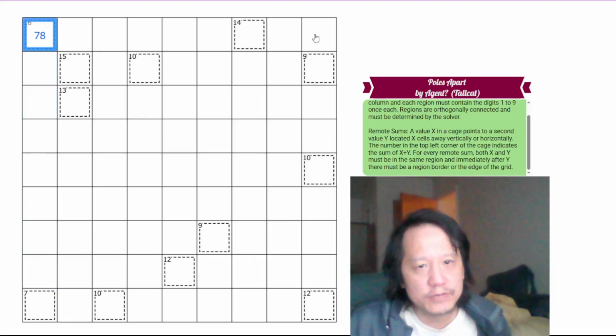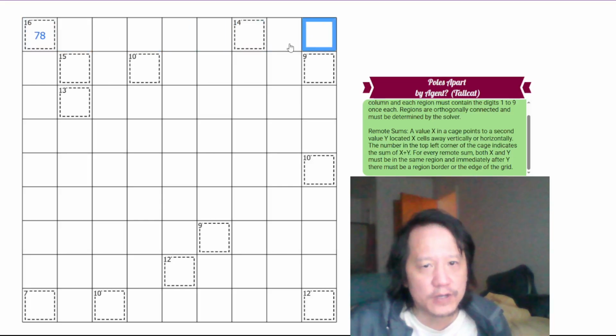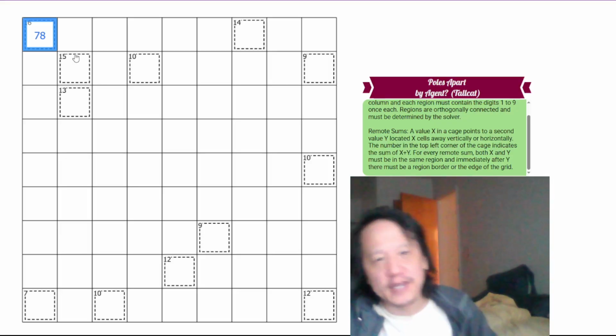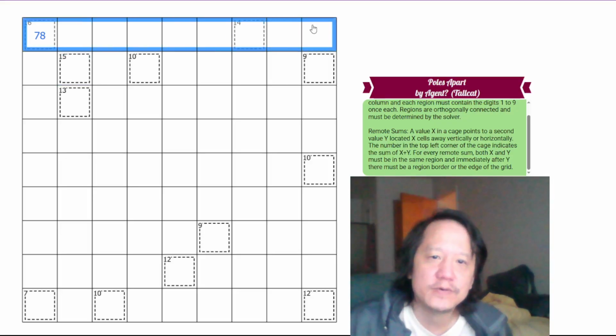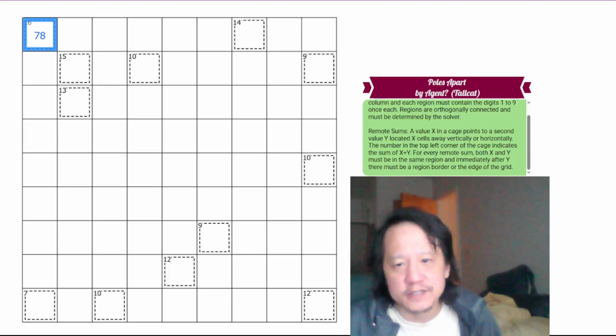If it's 8 going this way, this could be a 6 going this way. So 1, 2, 3, 4, 5, 6 away would be an 8, right? So you have 8 going this way. Oh, you can't have 8 and 8 in the same row, which it would have to be if it's 8 and 8. It cannot go 9 away, therefore this is a 7.